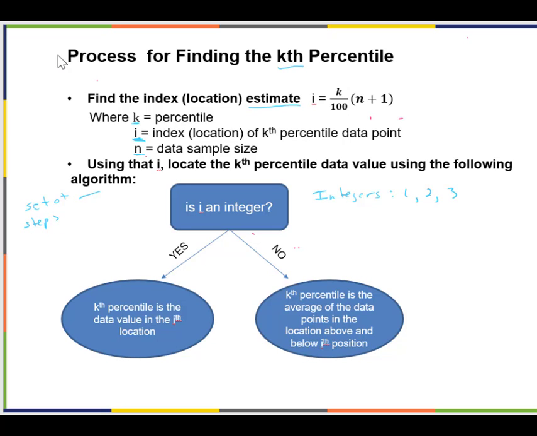Those are integers. Not integers are things like 1.25, 6.75, that sort of thing. So you look at your index that you calculated here, and you have to make a decision. Is it an integer? If it is, then that integer is the location of my kth percentile.